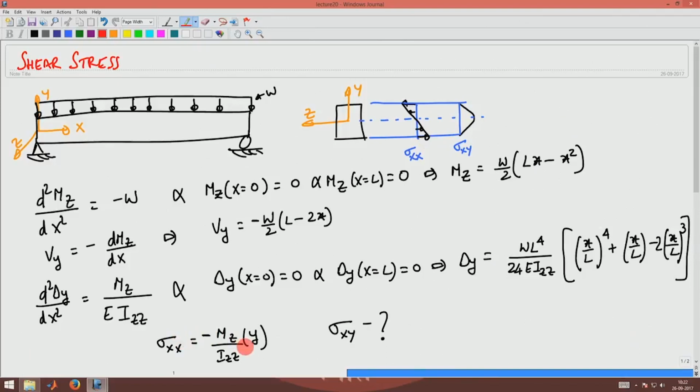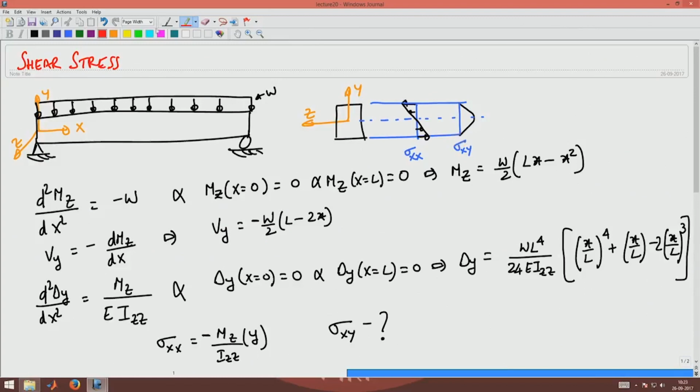Now, what we are interested in is finding what the shear stress is, that is sigma xy. In particular, we want to show that the shear stress varies parabolically with its maximum value being at the neutral axis location. We want to relate the shear stress distribution to the shear force, because the shear force is what arises because of the shear stress.